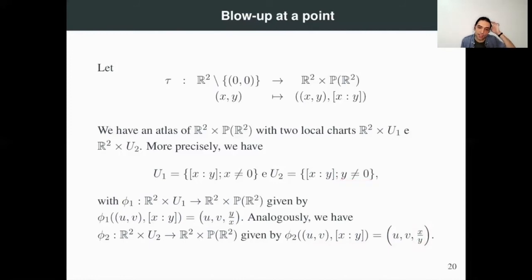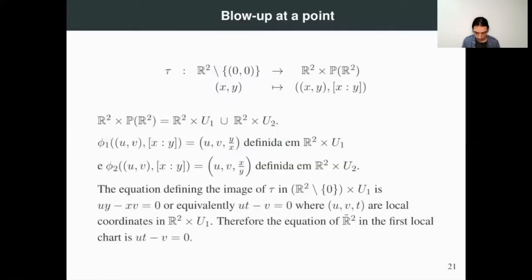So we have these two local charts, and we can actually try to write down the equations of this blow-up set, the blow-up of R2, in these two local charts. Okay? What happens is that if you consider a point over here, in order to be in the image, the class of this point in the real projective line has to be this point.